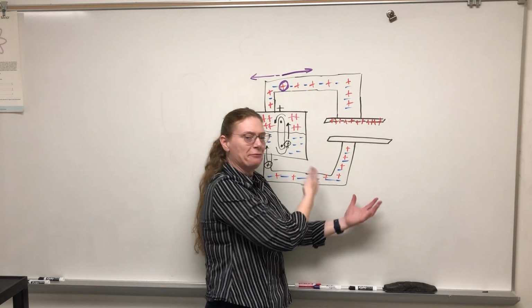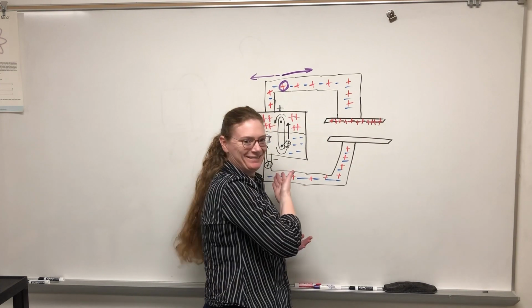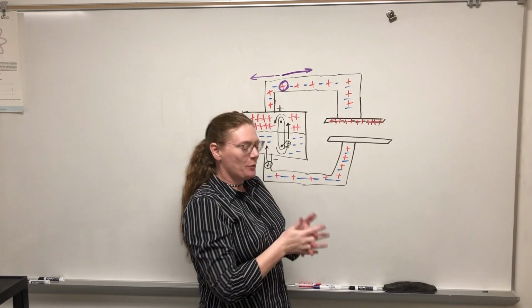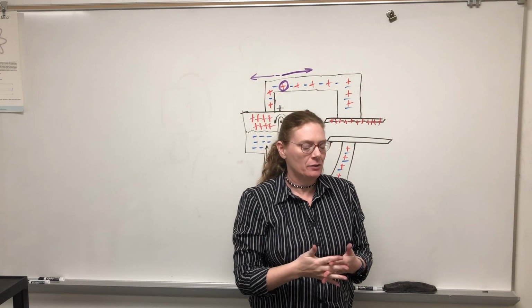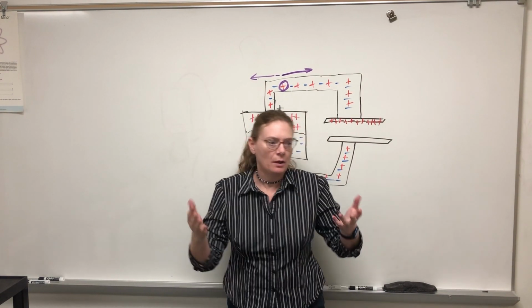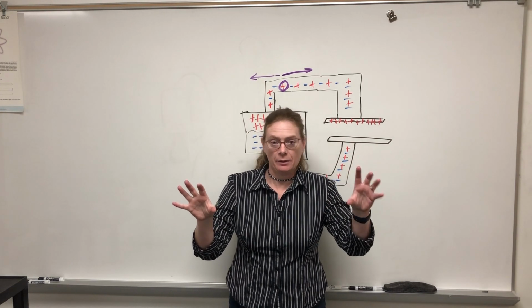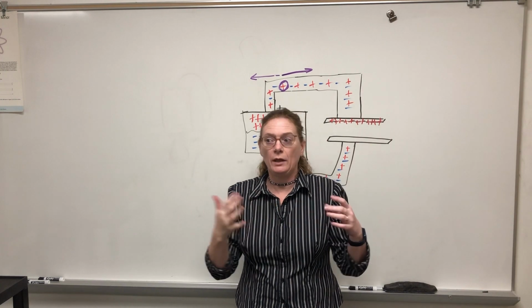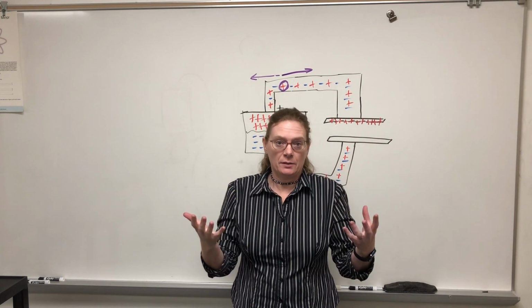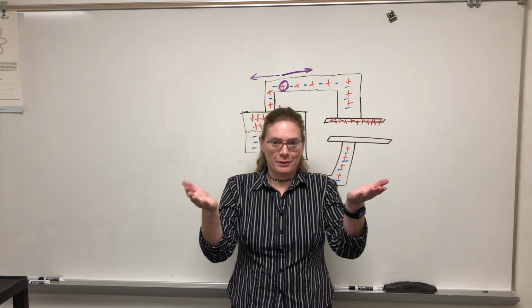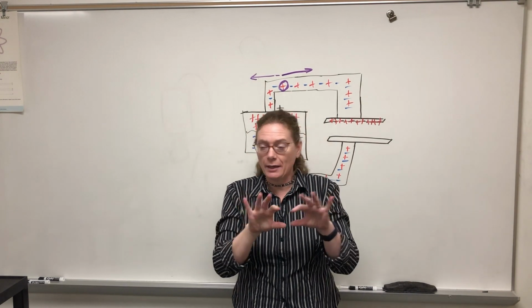Now that is the flow this way. How can we have flow this way? What's going on there? Let's go back to thinking about static electricity. We know that the electric force of a charged object on another charged object can be transmitted through an insulator, like air. If you have two charged objects, they can repel each other, they can attract each other.